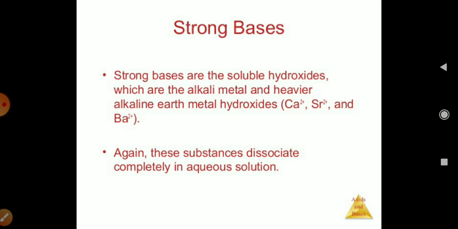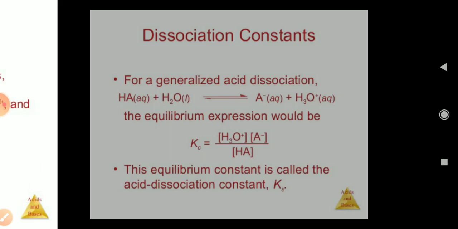What are the strong bases? Strong bases are the soluble hydroxides of alkali metals and the heavier alkaline earth metal hydroxides, for example calcium, strontium and barium. These substances dissociate completely in aqueous solutions.